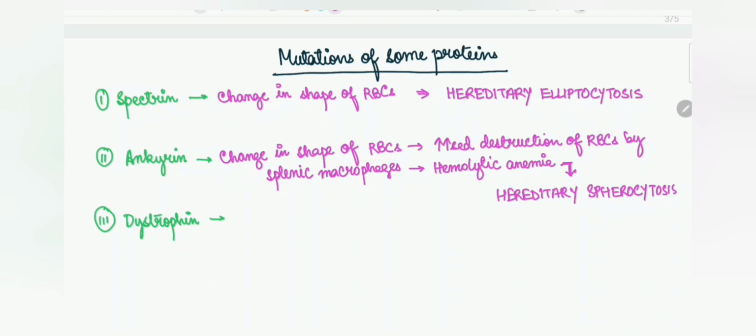Mutation in the dystrophin protein will lead to Duchenne's muscular dystrophy.